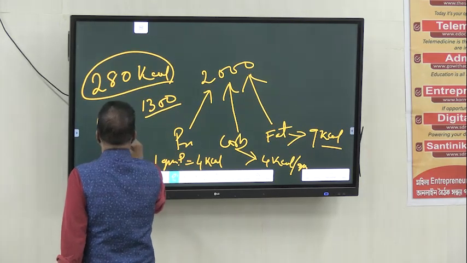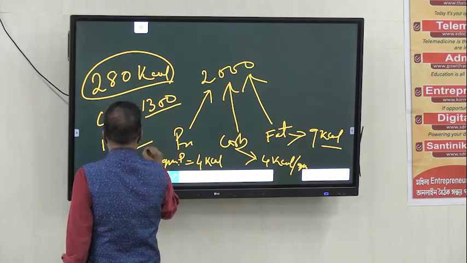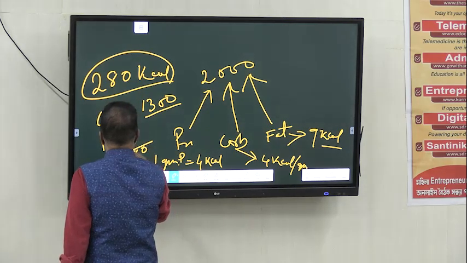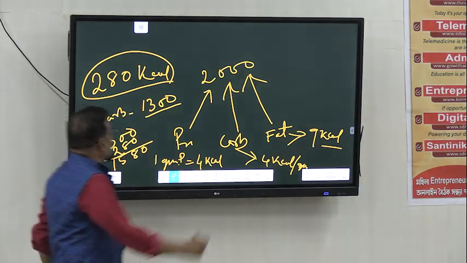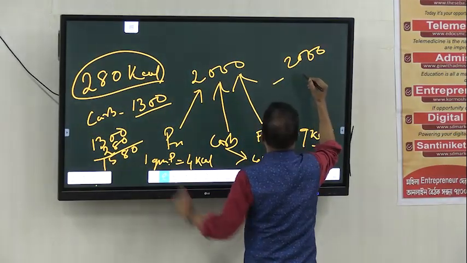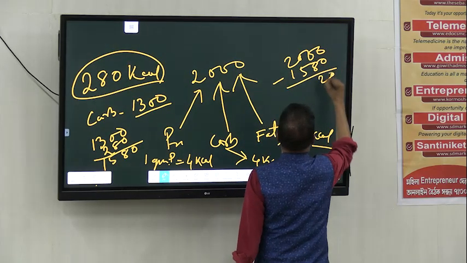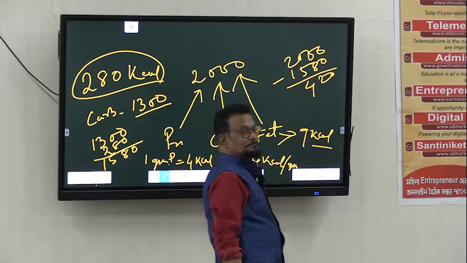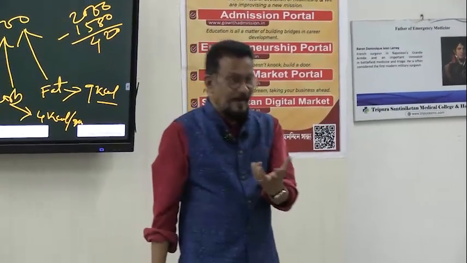Then, how much did it come to? 1300 plus 280, total. The rest of the amount should come from 2000 minus 1580, 420 calories should come from fat.